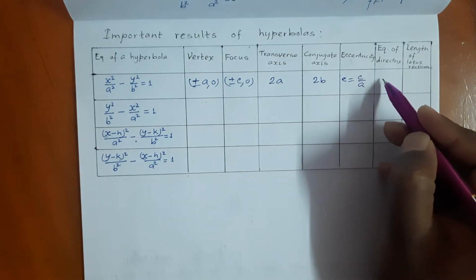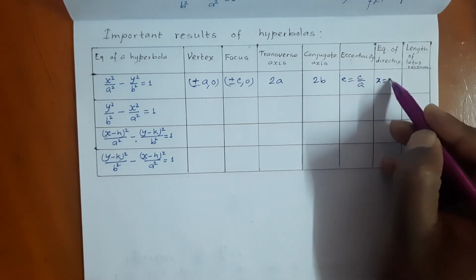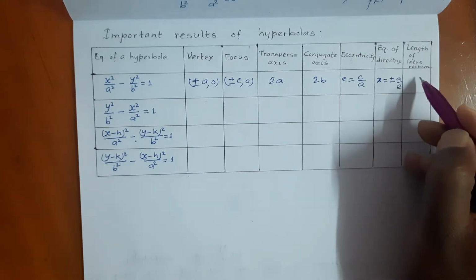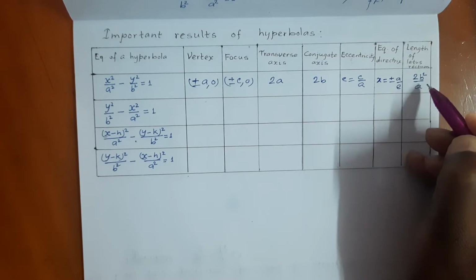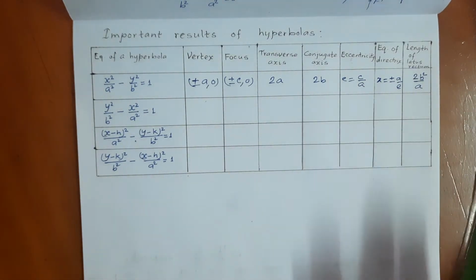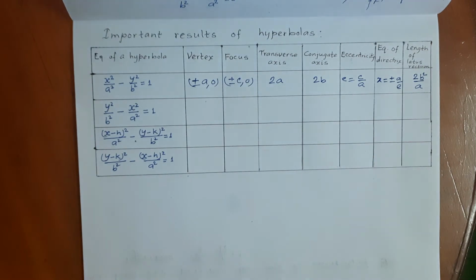Equation of the directrix is x equals to, just like that in ellipse, it will be plus minus a over e, and length of the latus rectum will be 2b square over a. So almost all things, all formulas are same as ellipse.